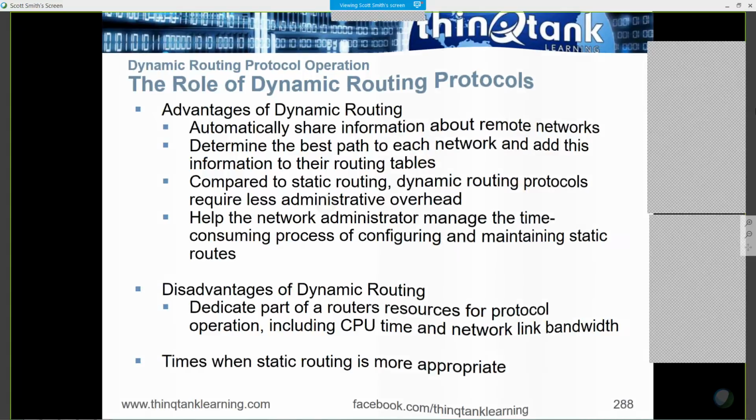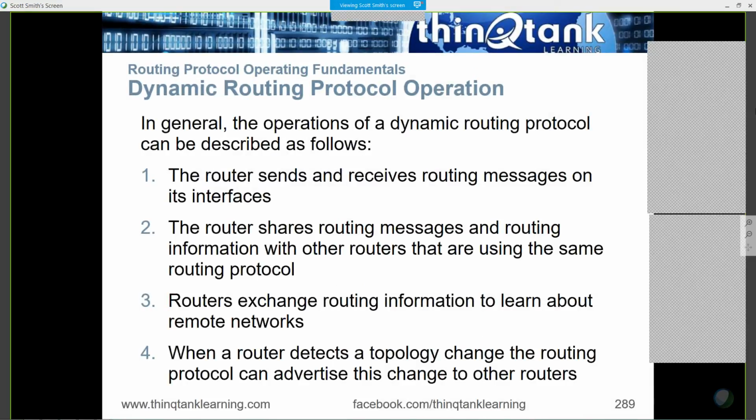So what is the general operation of a dynamic protocol? Well, number one, discover neighbors. The very first thing that has to happen with any dynamic protocol is you have to figure out who your neighbors are. All right? You have to figure out who you're getting the information from. So when you enable a routing protocol on an interface, it starts sending and receiving hello packets on that interface.